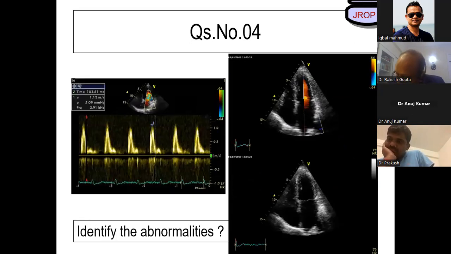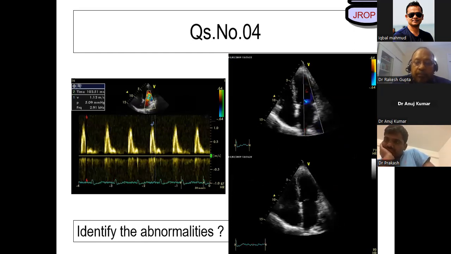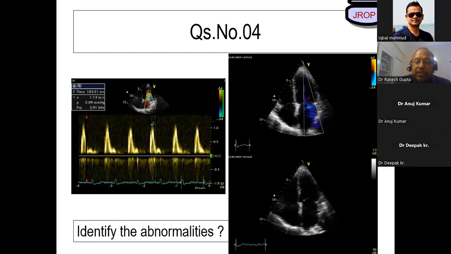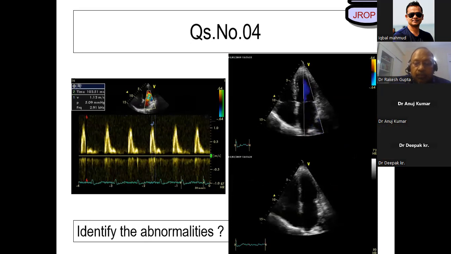Okay. Dr. Deepak Kumar from Ghaziabad. Yes, sir. Deepak, tell me what is the abnormality in this slide? In this picture, E is bigger than A. A is almost absent, sir.